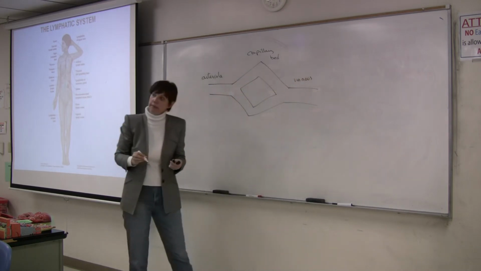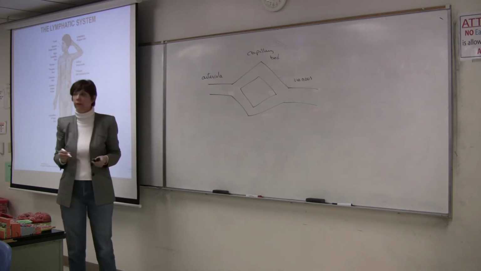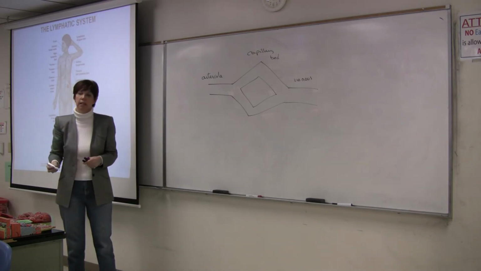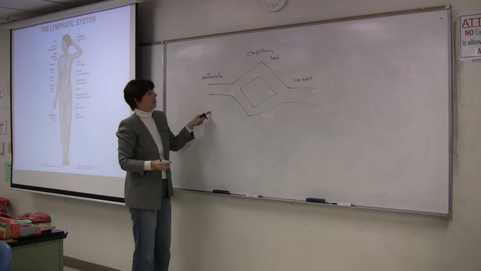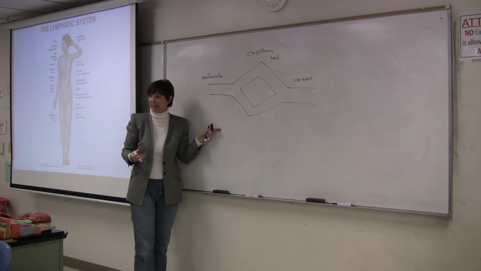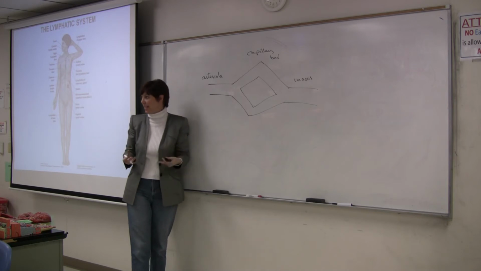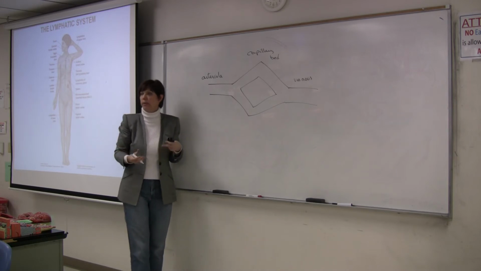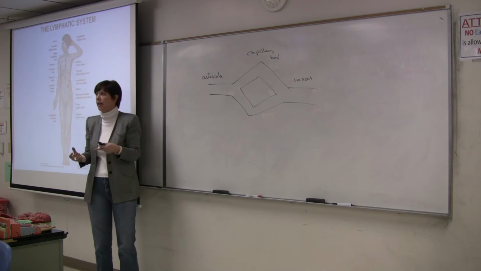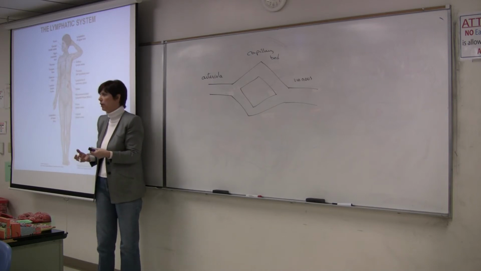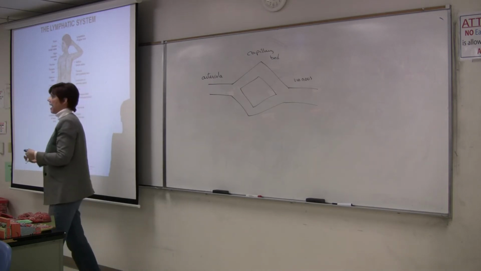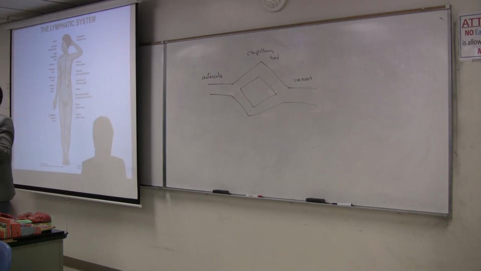And as you saw from lecture, when we first started talking about blood, blood is formed of fluid and cells. Okay? And in the fluid, we have proteins. And one of the major proteins present is albumin. The role of albumin is to maintain a colloidal or osmotic pressure within the blood.